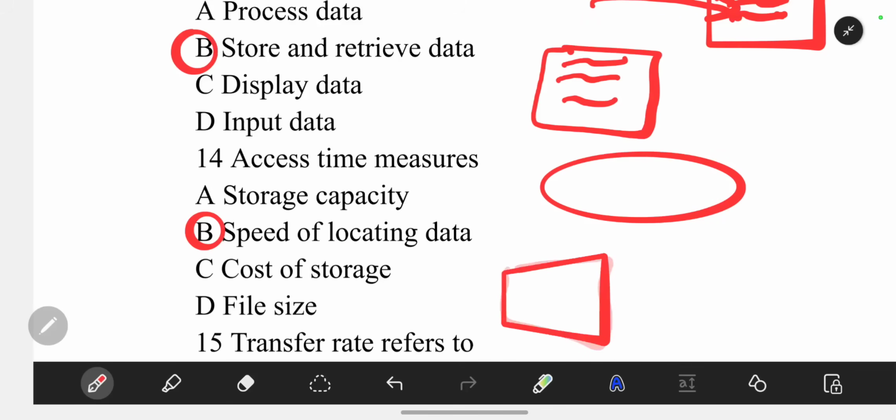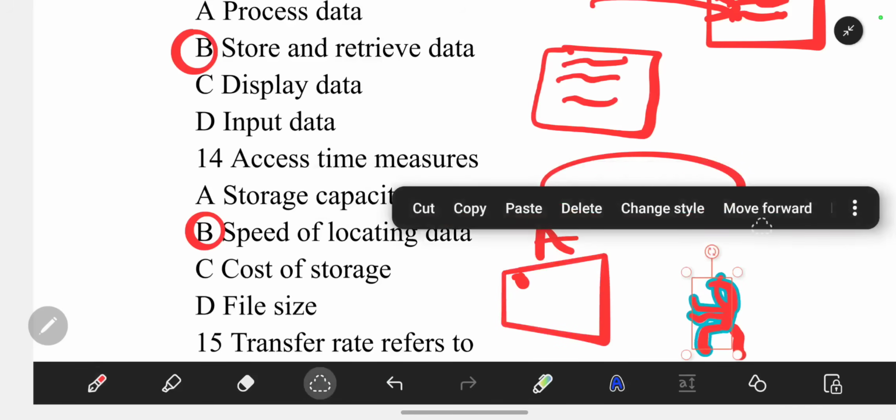So let's say you have your A there, how fast you're going to find, let's say if you have data, you're a person, you want that certain data to be retrieved. How fast you're going to find that data is what we call access time.